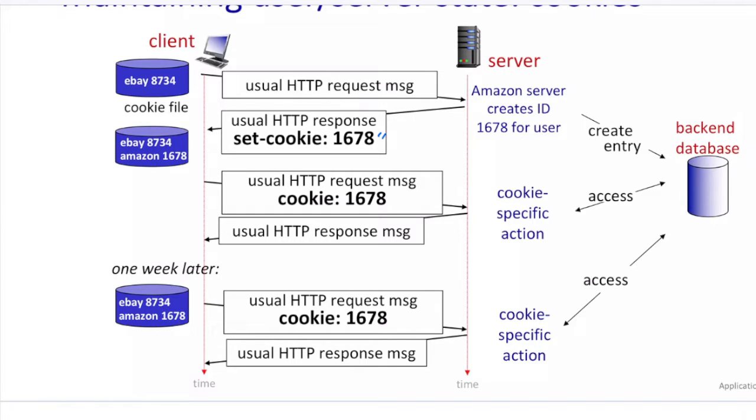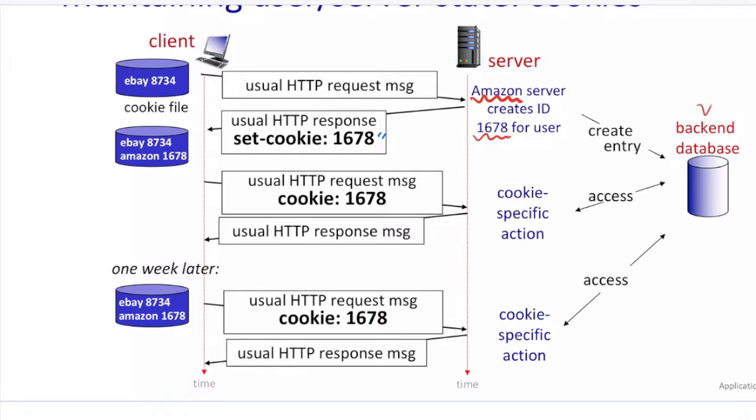On the left-hand side is a client, a browser. The right-hand side is the ML server. At first, the client sends an HTTP request message to the server to request a certain object or resource. The server figures out that it is the first time this client has connected to the ML server, so it creates an ID, 1678, and it needs certain storage.